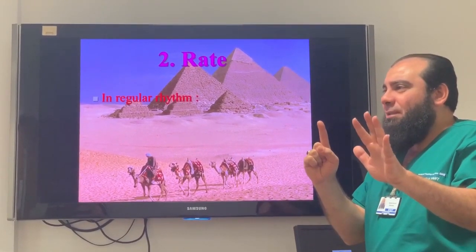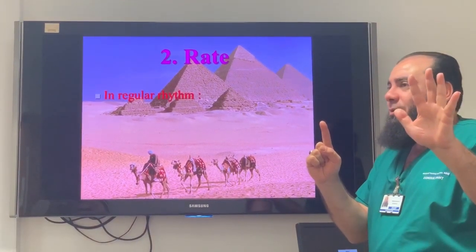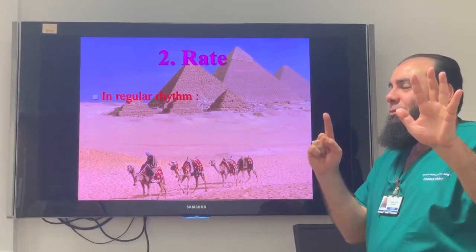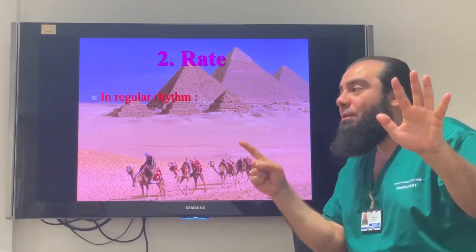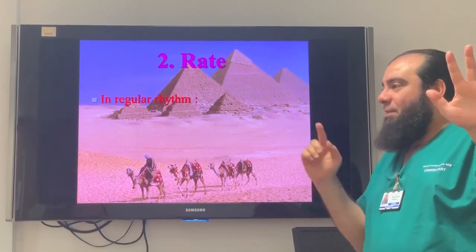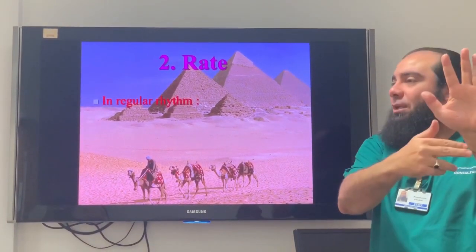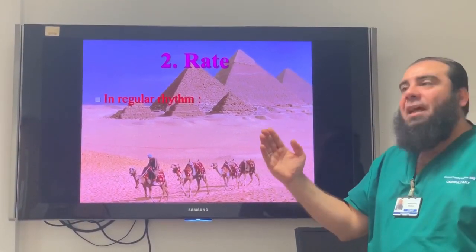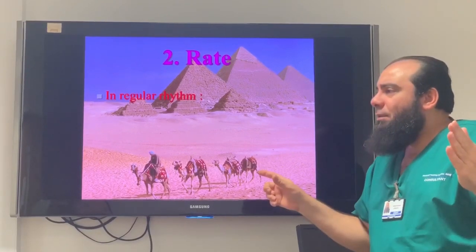I need 6 seconds. So how many big squares can I count? 30, yeah. 1 second is 5, so 6 seconds multiplied by 5 is 30. So 30 big squares actually represent 6 seconds.